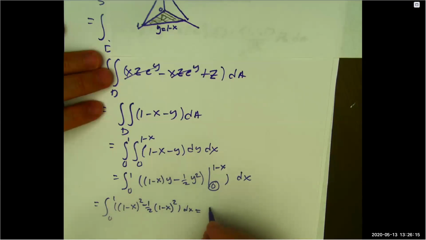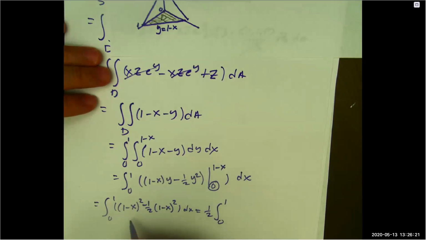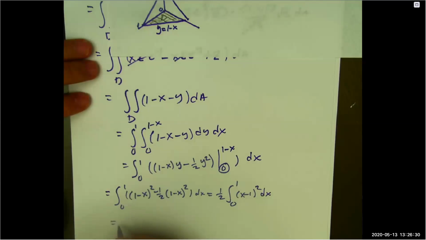And so we end up with 1/2 the integral from 0 to 1 of 1 minus x squared, which we can flip around since it's squared and just write it as x minus 1 squared. And so that will just give me 1/6 x minus 1 cubed.